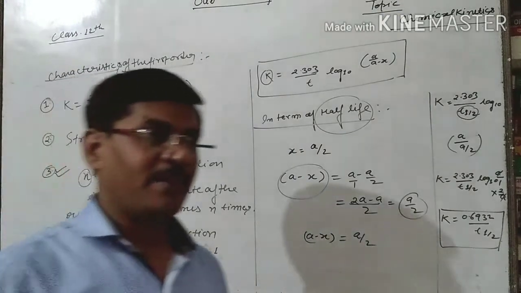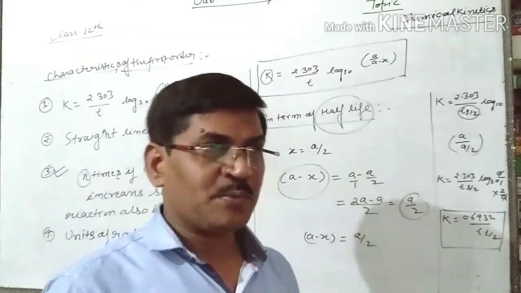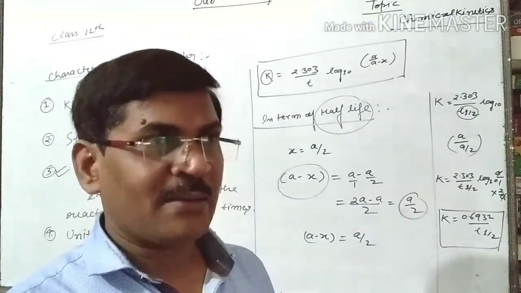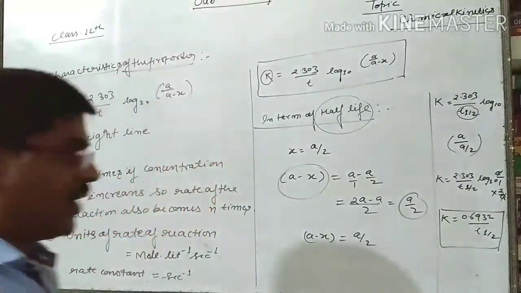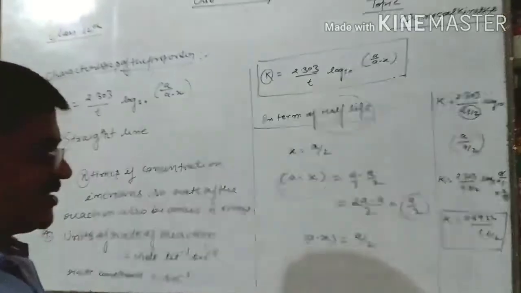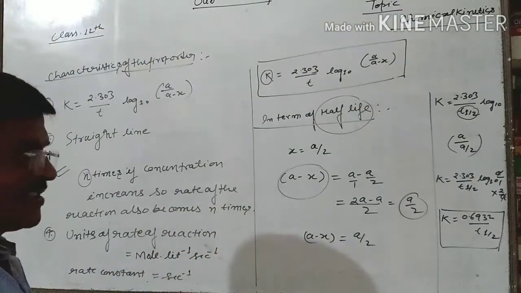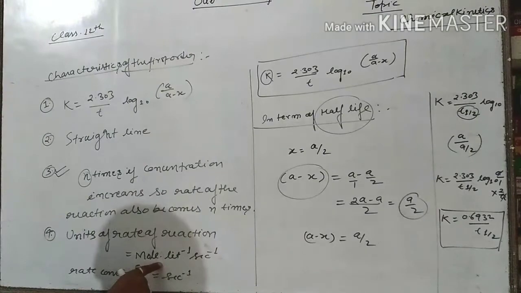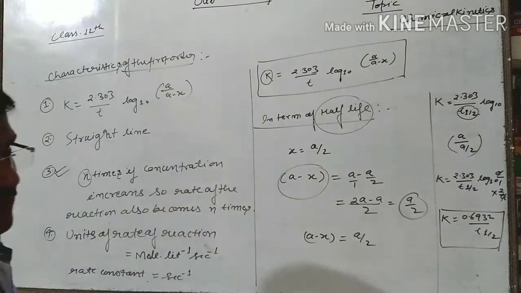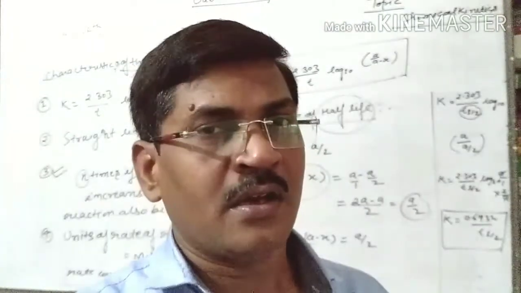So this you have to remember, because initially you have written dx by dt directly proportional to the remaining amount a minus x. So from there, a minus x is a change in concentration and dx is also a change in concentration. So they cancel together, and from there you will get second inverse. Otherwise, the rate of reaction you will get as mole liter inverse second inverse. In this way, these are the characteristics of the first order.